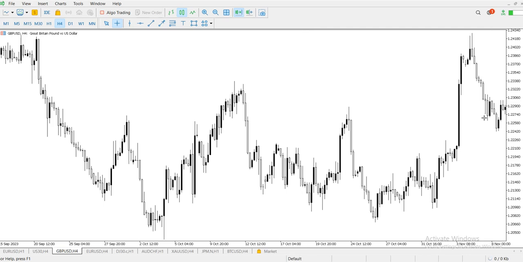So let's hop into our chart and see how this plays out, guys. If you see this here, there is a break of structure right here.